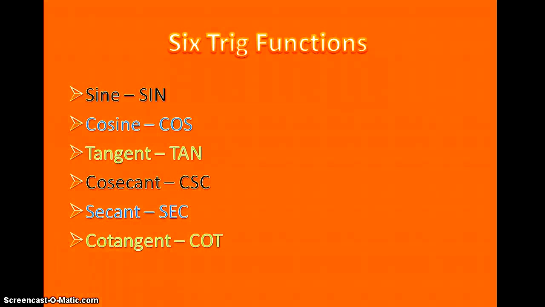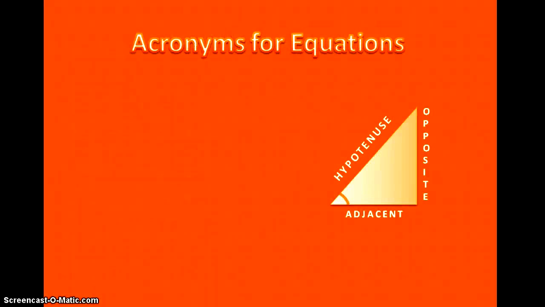Second, we have cosecant, secant, and cotangent, and you'll notice they're in different colors, but there are a few that are the same. Each pair of colors forms what are called sister functions, and these sister functions are related in many different ways, and we're going to get into that in just a minute.